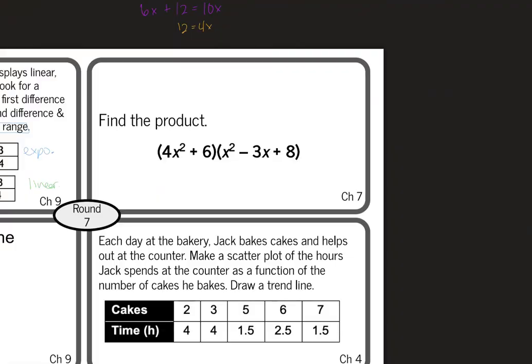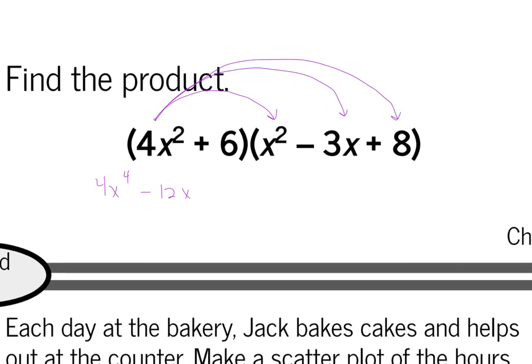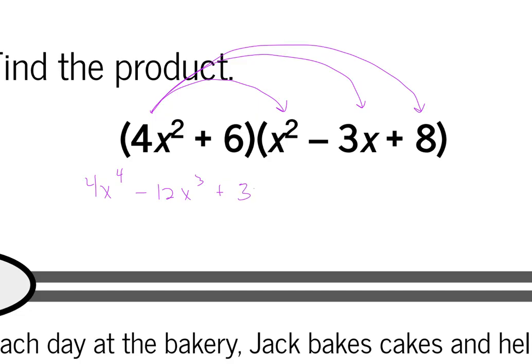All right, now we're going to be finding the product of these two. Easy peasy. We're just going to distribute. So 4x squared times x squared, 4x squared times negative 3x, 4x squared times 8. So we have 4x to the 4th, negative 12x cubed, and 32x squared. Now we're done with that.